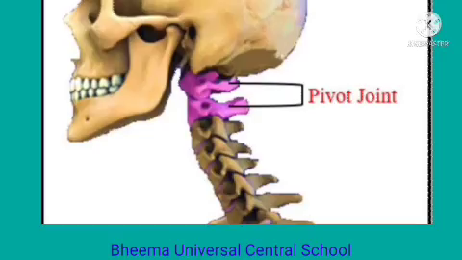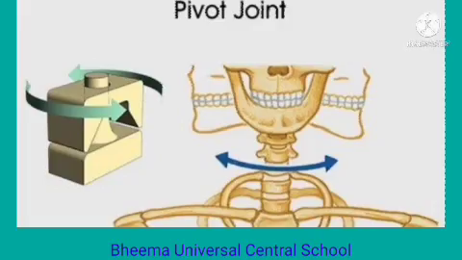The joint that joins the skull to the backbone is called a pivot joint. It allows the head to move up and down and sideways. It allows us to bend our head forward and backward and also move it sideways. In a pivot joint, a cylindrical bone rotates.